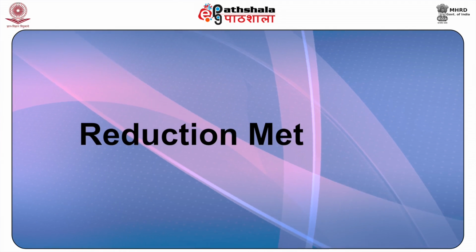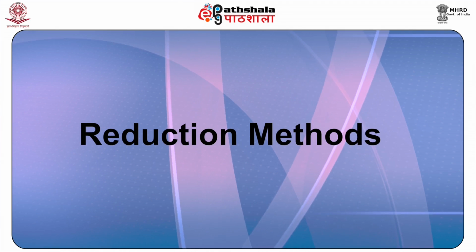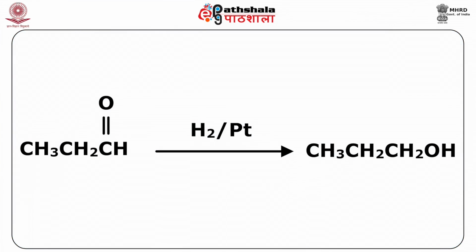So, let us begin with revising what are the various reduction methods. Reduction in simple terms indicates the addition of hydrogen to a molecule, that you are already familiar. And a very common reduction example, as you can see here, is the reduction of aldehyde to primary alcohols.